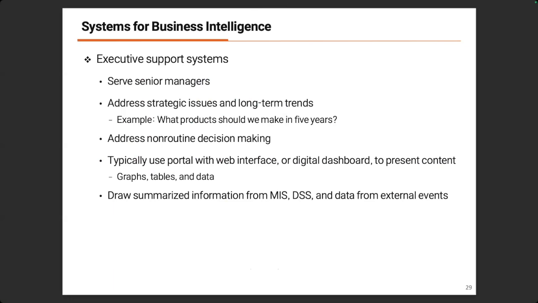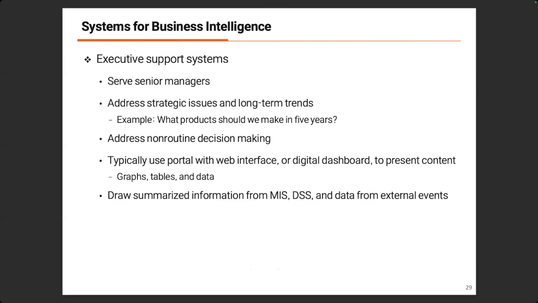of the companies. So for the executive support systems, the managers typically use a portal with web interface or digital dashboard to present contents such as graphs, tables, or figures and data or charts. And these kinds of systems summarize the information from MIS and DSS and some data from external events.